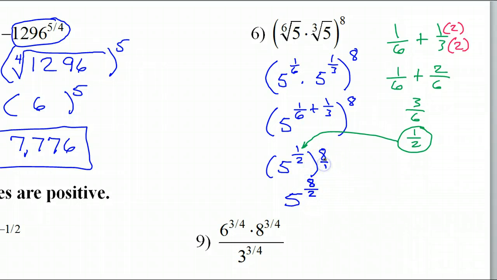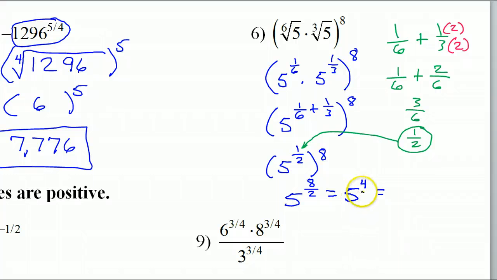Okay, remember, this is just like 8/1. So 1 times 8 is 8, and 2 times 1 is 2. So that's what happened there, but it's ugly, so I don't like it. And I'm sure you're waiting to tell me that 8/2, Mr. Burton, that's just 4. And you're absolutely right. So that's 5 to the 4th power.